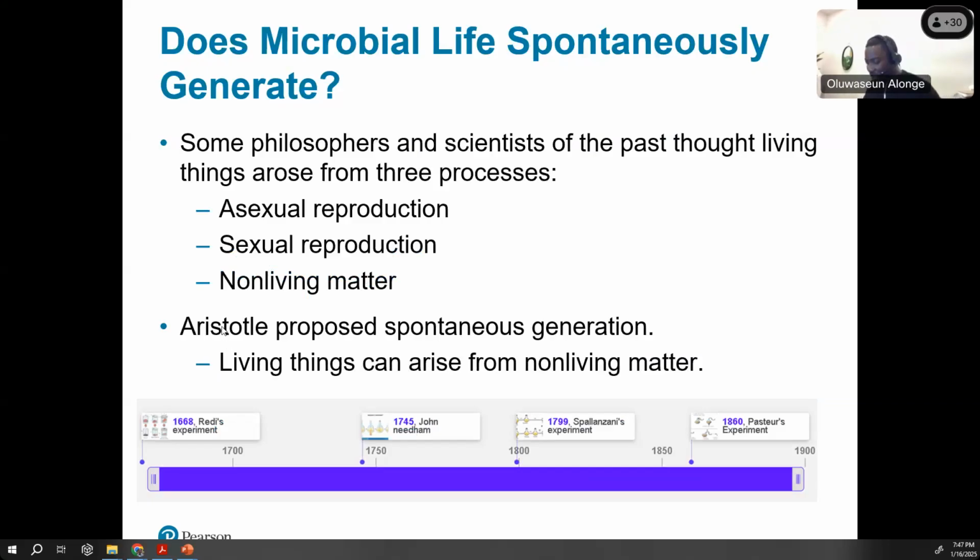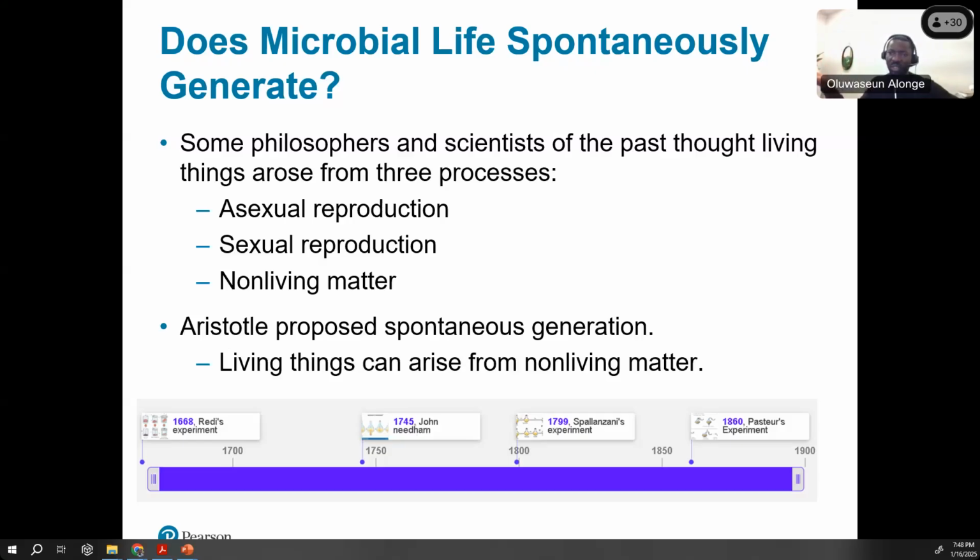All right. Now, does microorganism evolve spontaneously? Do they just evolve from nowhere? Some philosophers and scientists in the past were of the impression that microorganisms came from asexual reproduction, which is what we're looking at in those classifications of bacteria, archaea, protists, protozoa, fungi.